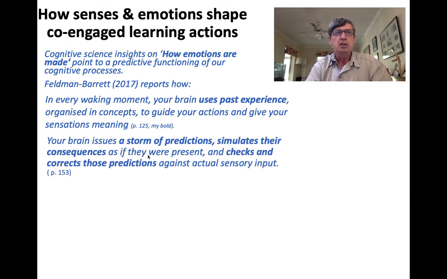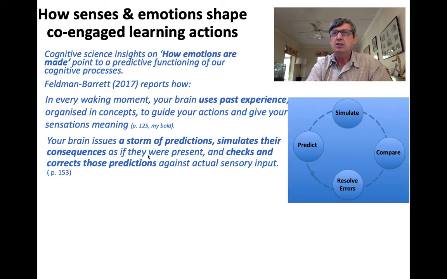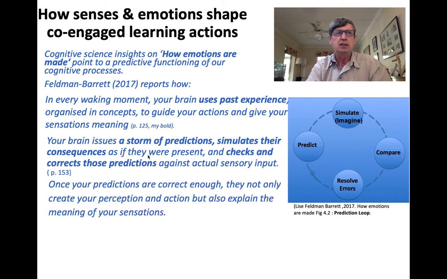Your brain issues a storm of predictions, simulates their consequences as if they were present, and checks and corrects these predictions against actual sensory input. And she comes up with this idea that we predict, we simulate or imagine, we compare, and we resolve in this prediction loop. So this is some of the work that's coming out.